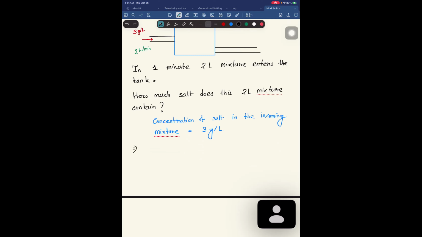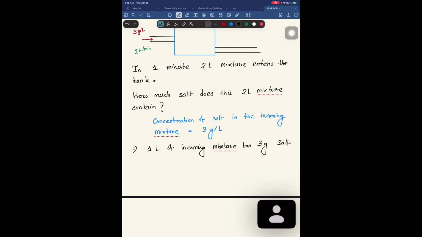So 1 liter of incoming mixture has 3 gram salt. That's what it means by the word concentration, right?